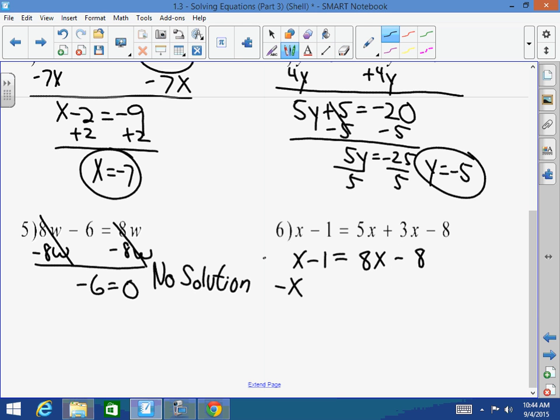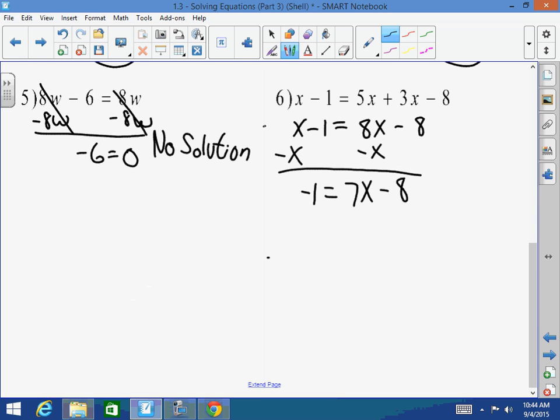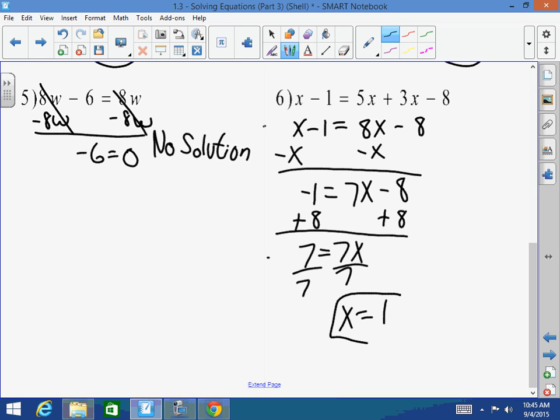Okay, I like that. Subtract the x to this side because my boy apparently wants to keep things positive, which I like. Now I'm left with a two-stepper. What do I do now, brother? That's right. I get rid of that negative 8, and that's 7 equals 7x. And then you divide by 7, and x equals 1.